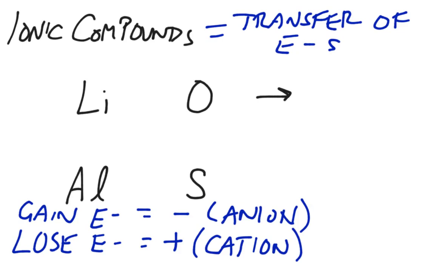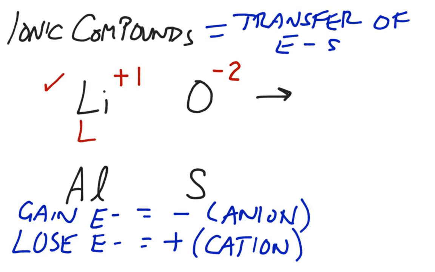Think back to the location in the periodic table of these elements. If you think back to where lithium is, it's in group 1A and therefore it takes a +1 charge. Oxygen's in group 6A, so it forms a -2. Now, in order to make these charges balance each other out to a net charge of 0, we need to have more than one lithium. In order to make it work, we actually need 2 lithiums.